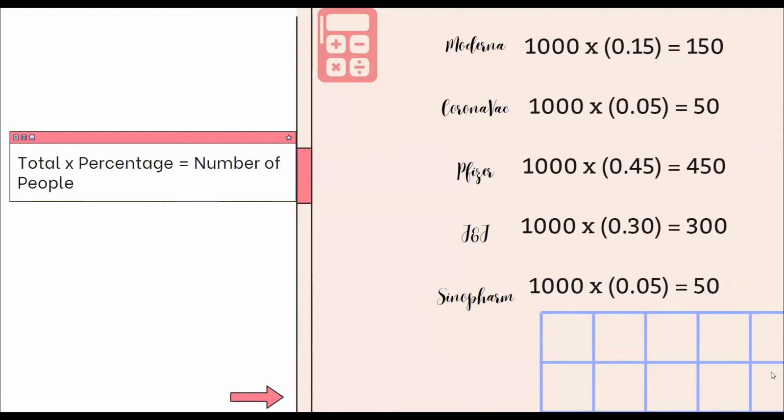To get this, we multiply the total number of participants by the percentage converted into decimals. For example, for Moderna, 1,000, the total population in the survey, is multiplied by 0.15 or 15%, which is equal to 150. Next slide, please.